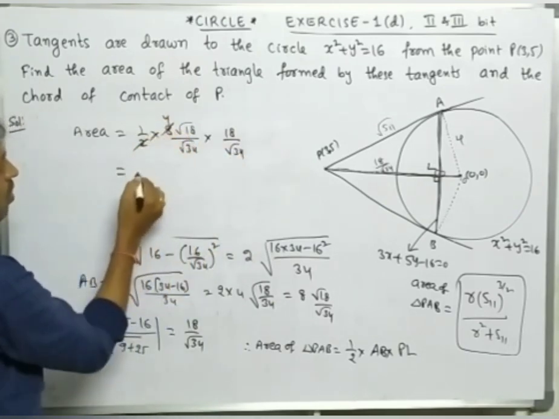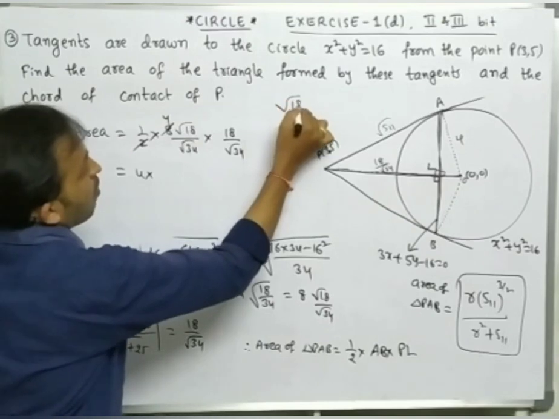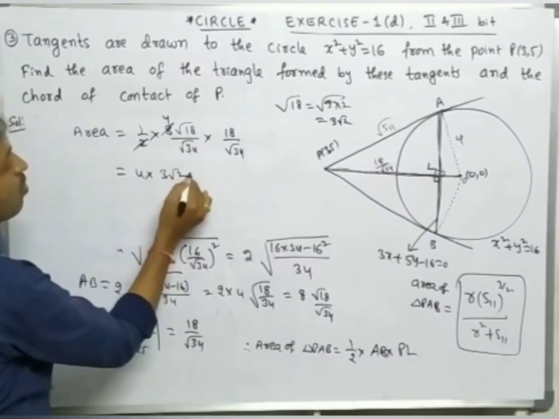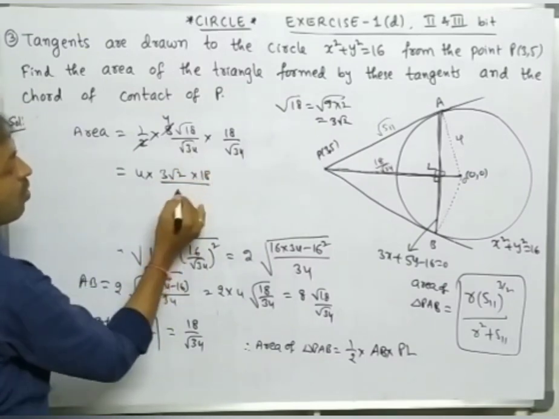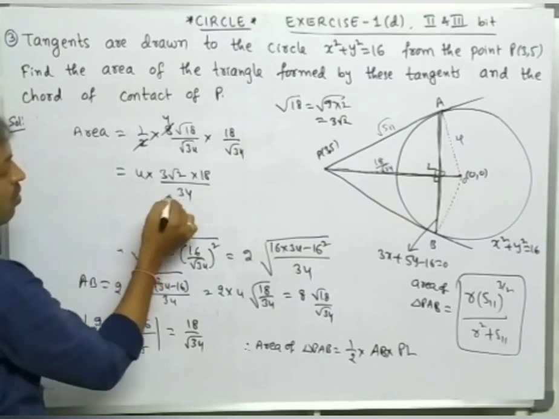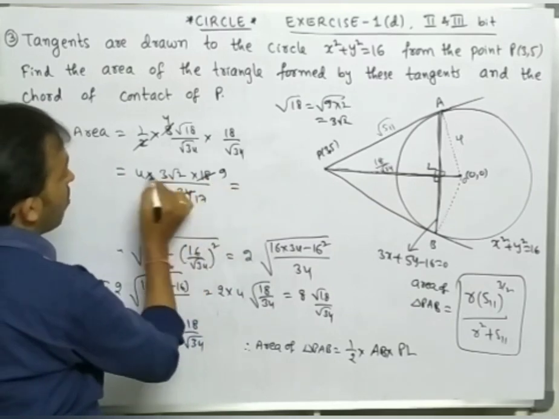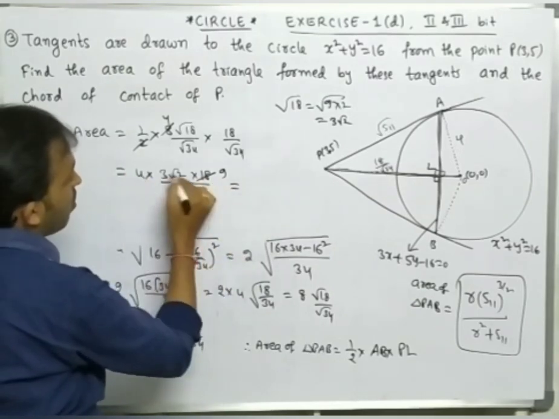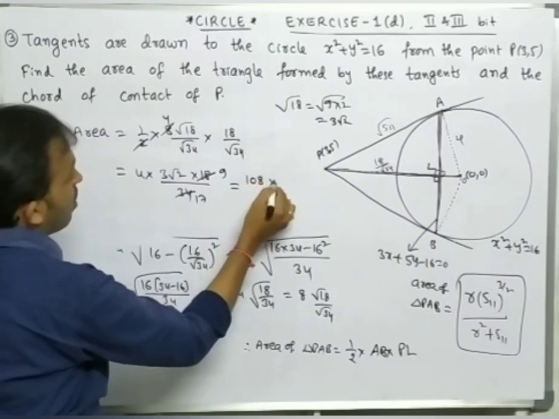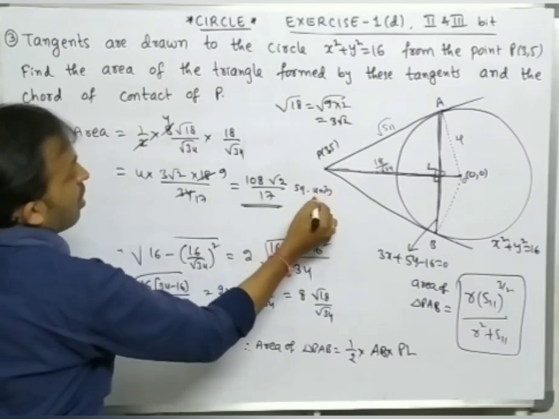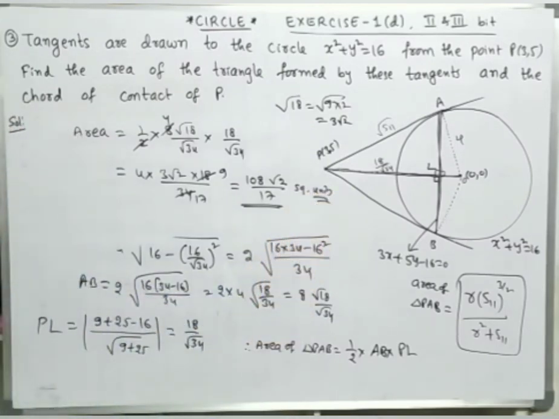So 2 ones are 2, 4 into root 18, which can be written as root of 9 into 2, that is 3 root 2. So 3 root 2 into 18, root 34 into 34, root 34. So 2 nines are 18, 2 17 times. So 9 fours are 36, 36 into 3, 108 root 2 by 17 square units. So which is an interesting problem. By using that formula also you can find.